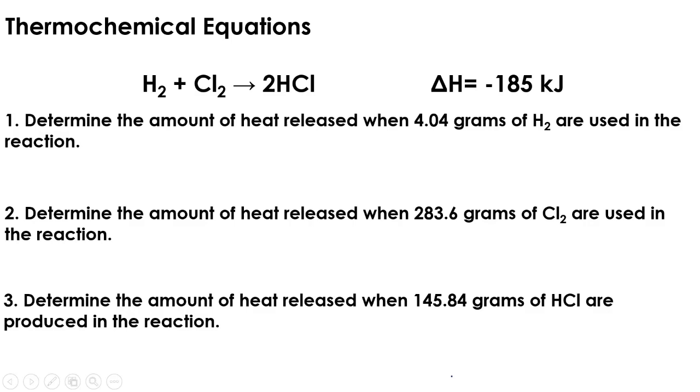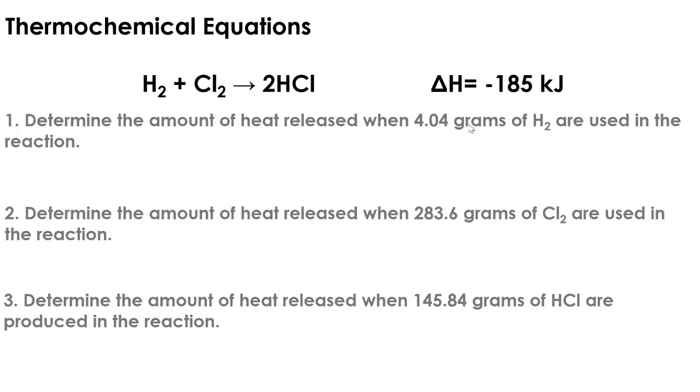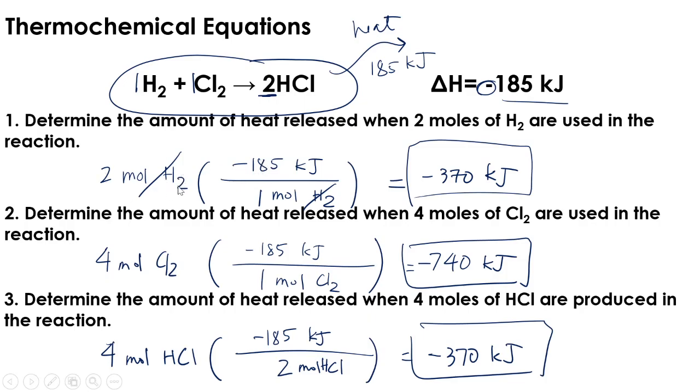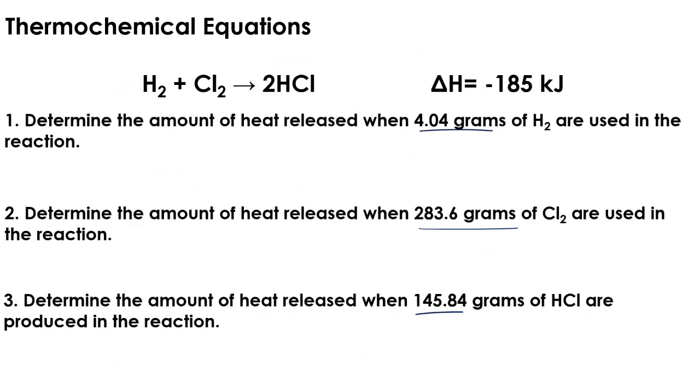Okay, let's proceed to this one. So this is similar to the previous one, but here the given is in the form of mass. In the previous one, we started with the mole. So obviously the first thing we need to do is again to convert the grams into the number of moles. So let's start with the given 4.04 grams of H2. What is the amount of heat released by this reaction?